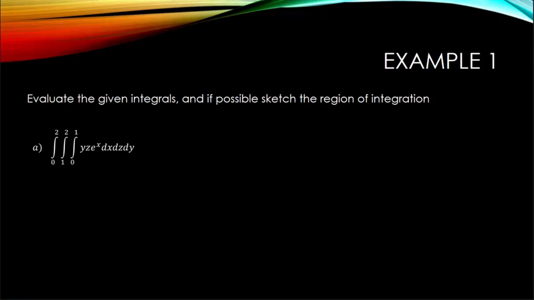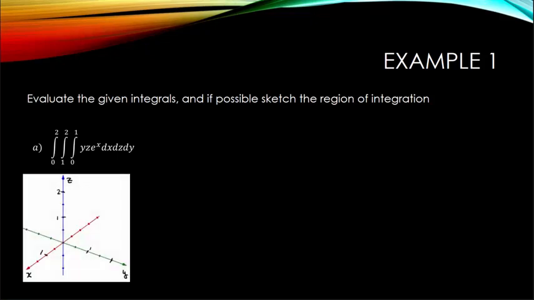For a, the integral from 0 to 2 of the integral from 1 to 2 of the integral from 0 to 1 of y z e to the x dx dz dy is easiest to evaluate if I have an idea of what the region looks like to begin with.